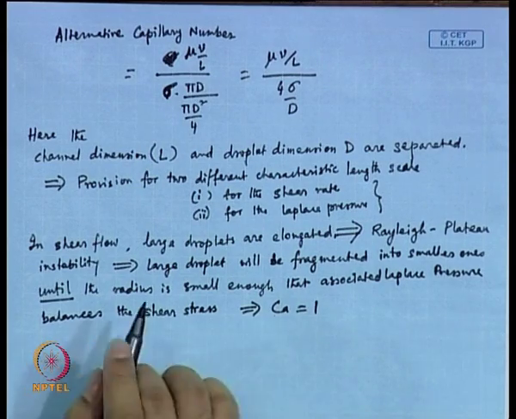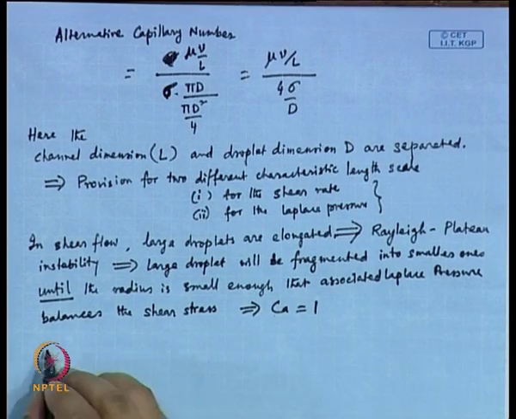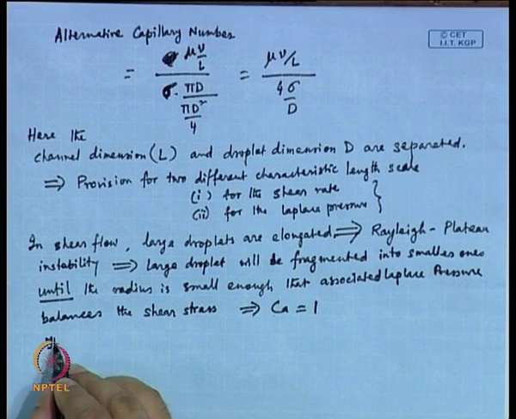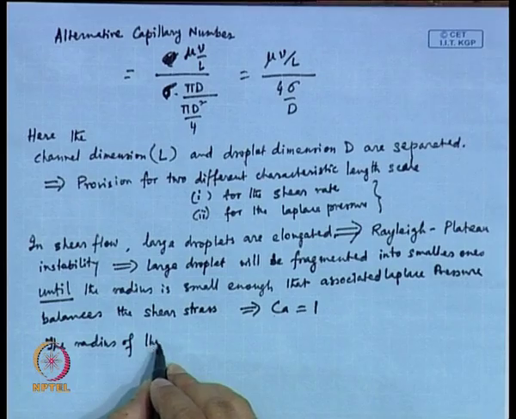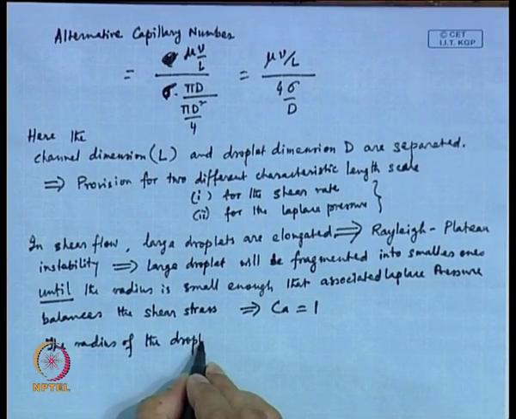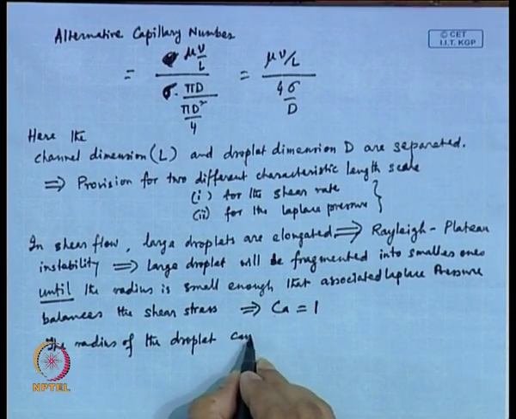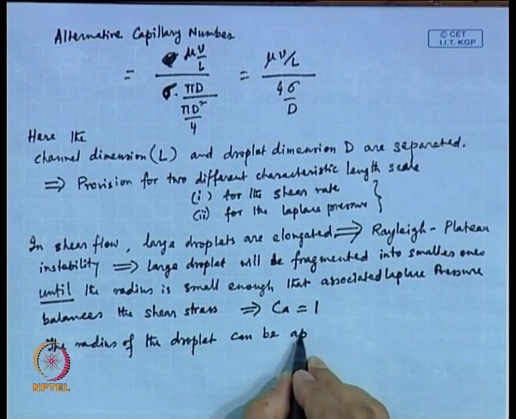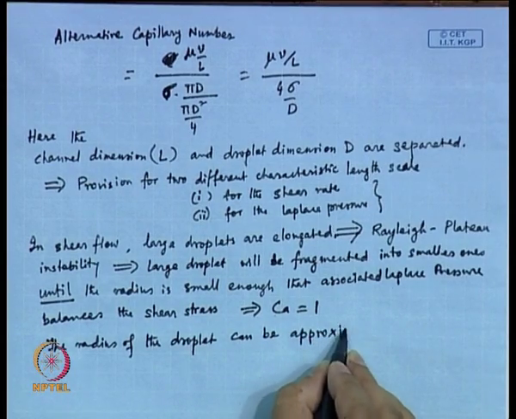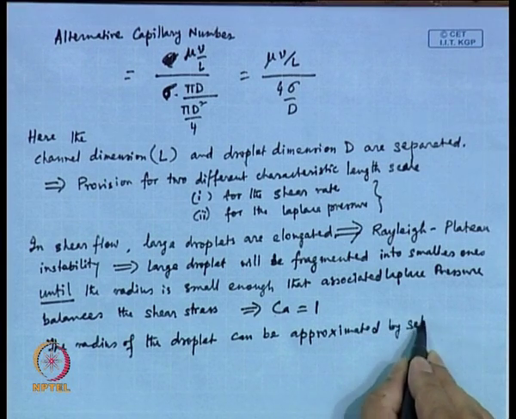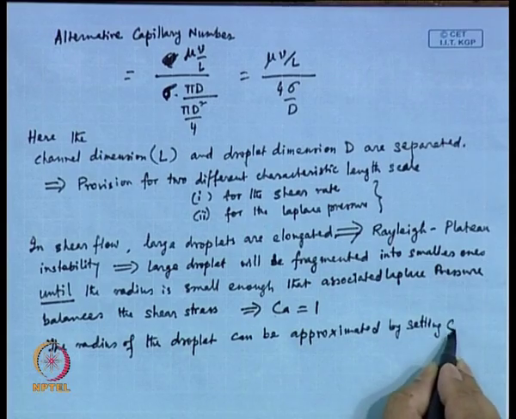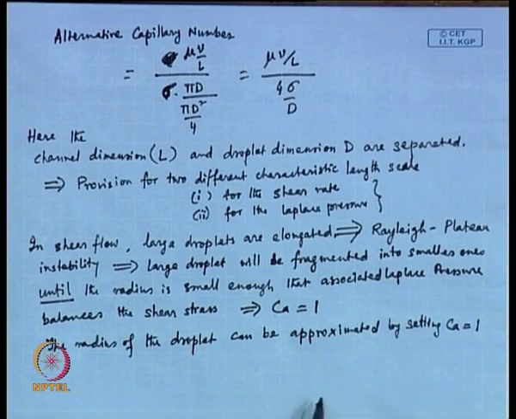So, the radius of the droplet can be approximated by setting capillary number equal to 1, using the alternative definition of capillary number.